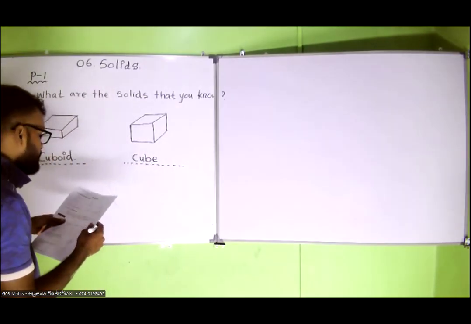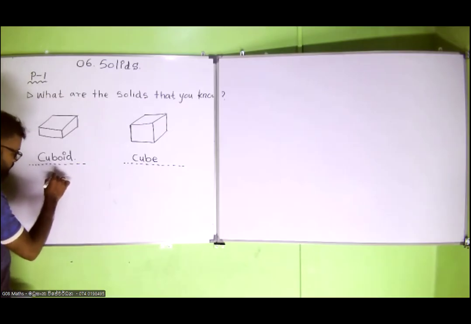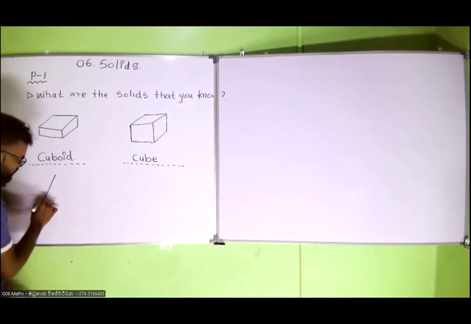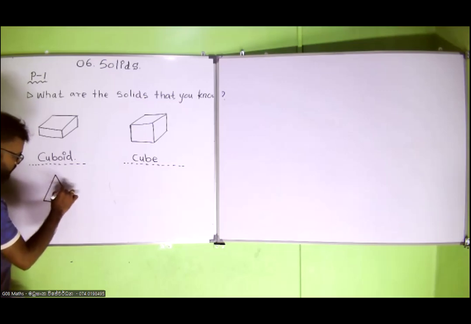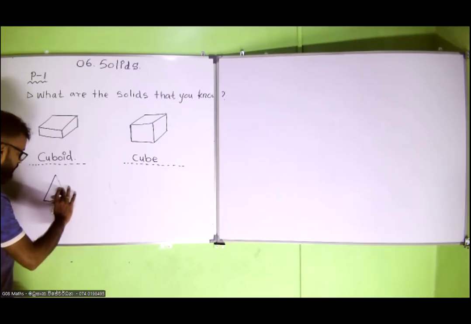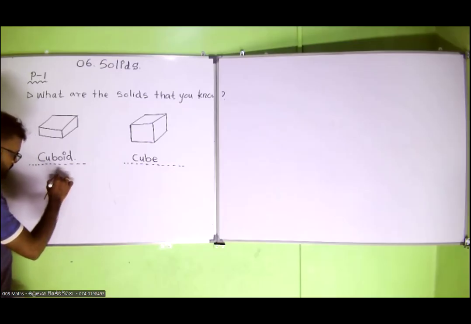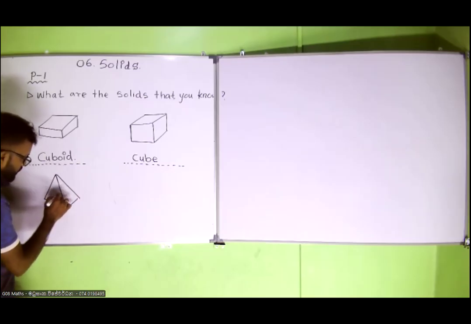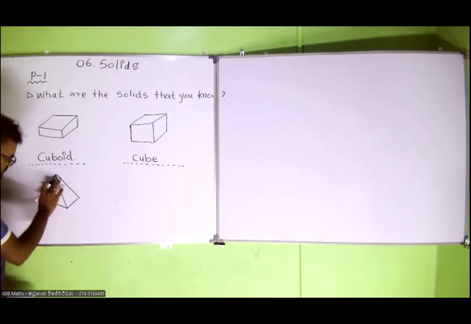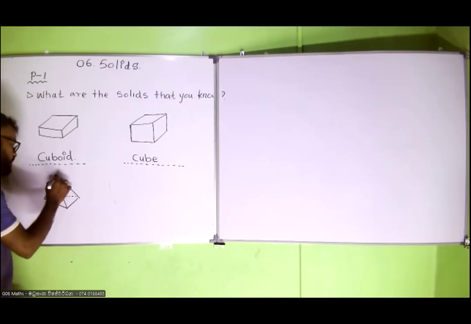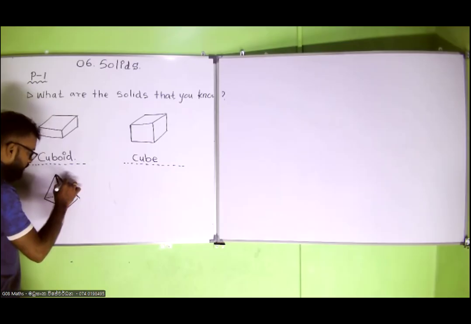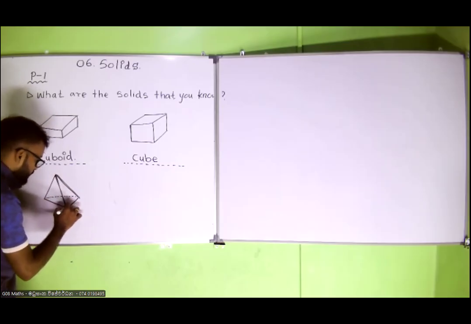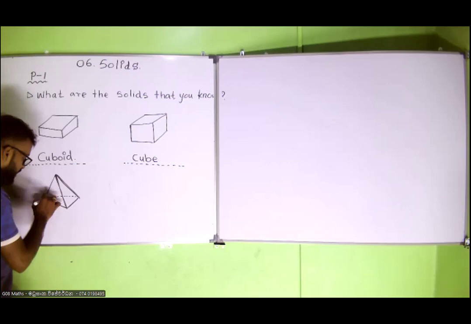And our third figure is something like this. All the faces are triangular in shape, so equilateral triangles are there.